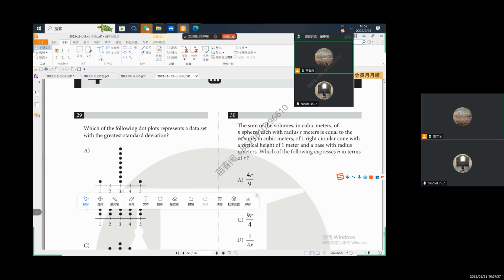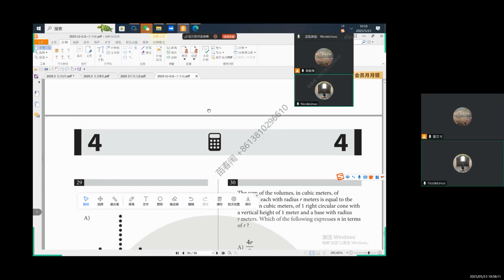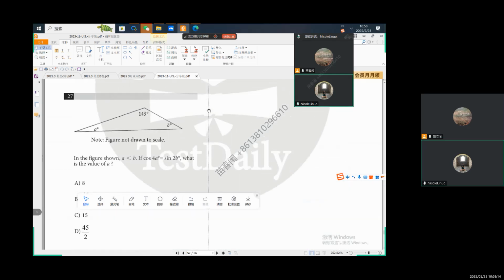If I simplify, it would be the sum of the volumes of n spheres. That's the key, right? That's what made me really confused.